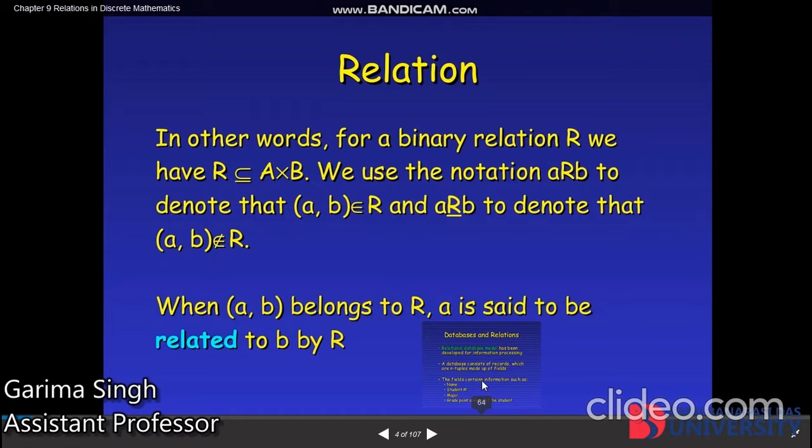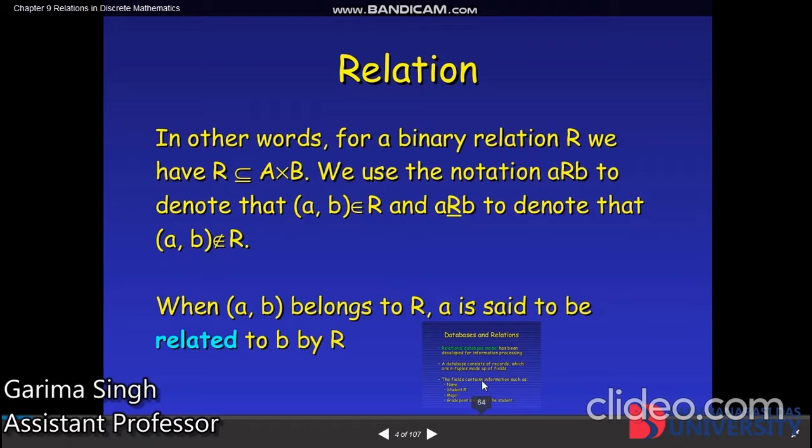Suppose you have two sets A and B and you have performed a Cartesian product. The Cartesian product means that every element of A will make a pair with every element of B. But a relation between all the pairs is not necessarily possible. So a relation is basically a part, or a subset, of the Cartesian product.